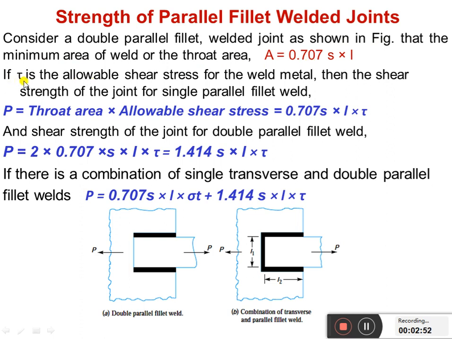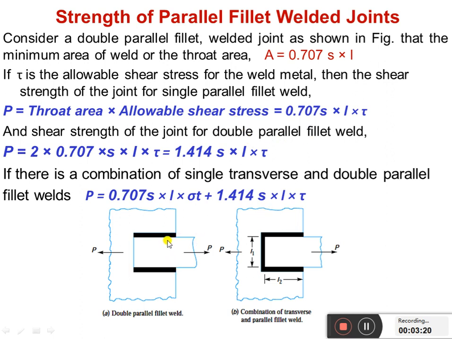And if tau is the allowable shear stress for the weld metal, then shear strength of the joint for single parallel fillet weld P equals throat area into allowable shear stress. In the previous case, transverse fillet weld, we included tensile stress, but in a parallel fillet weld we are including a shear stress.